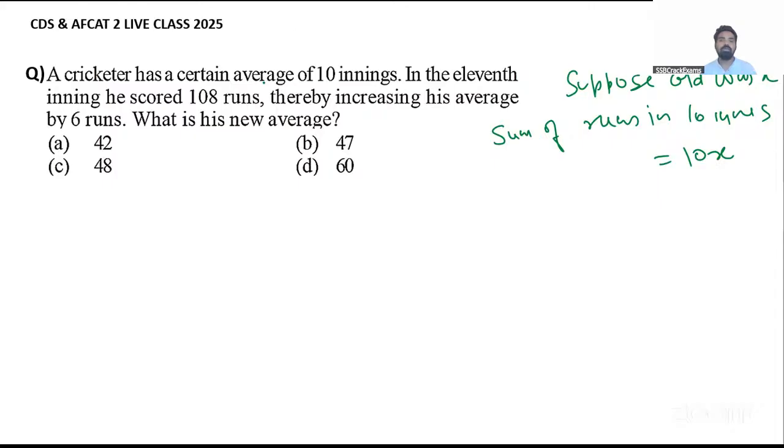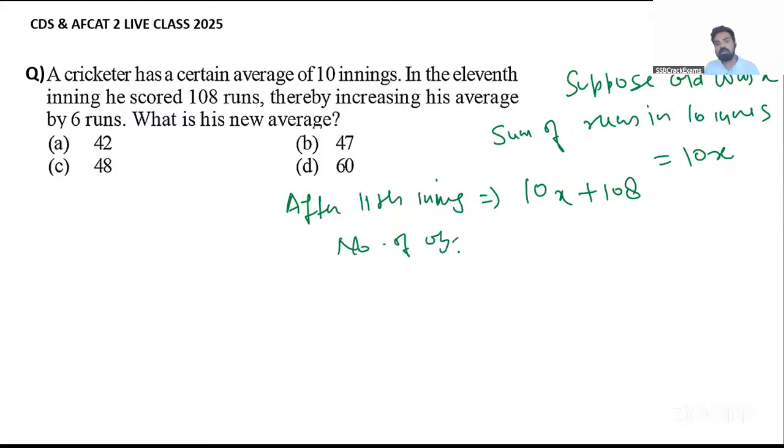After the 11th inning, his score is added: 10x plus 108. This will be the new sum of observations. And the number of observations is 11.